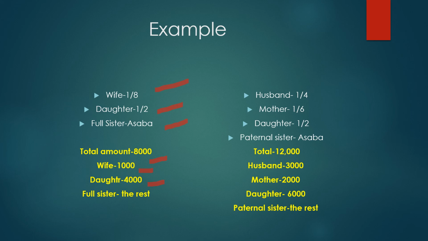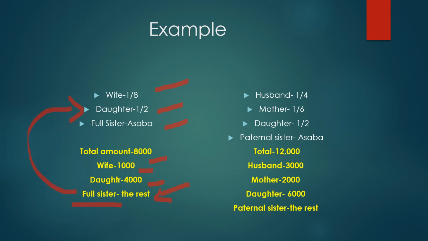The rest is 3,000. The rest will be given to the full sister. Why? Because she is asaba, residuary heir, because there is a daughter here. When she came with them, that's why we say asaba with others.